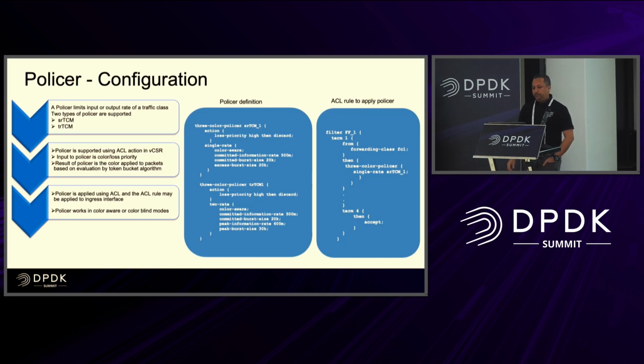Next block is the policer. The classifier gave us an output of loss priority, and the data plane now has the programmed values and the mapping and understanding of the forwarding class. We have two types of policer, SRTCM and TRTCM. Both work in color-blind and color-aware modes. The policer uses a token bucket algorithm in the backend to shape and rate limit the traffic.